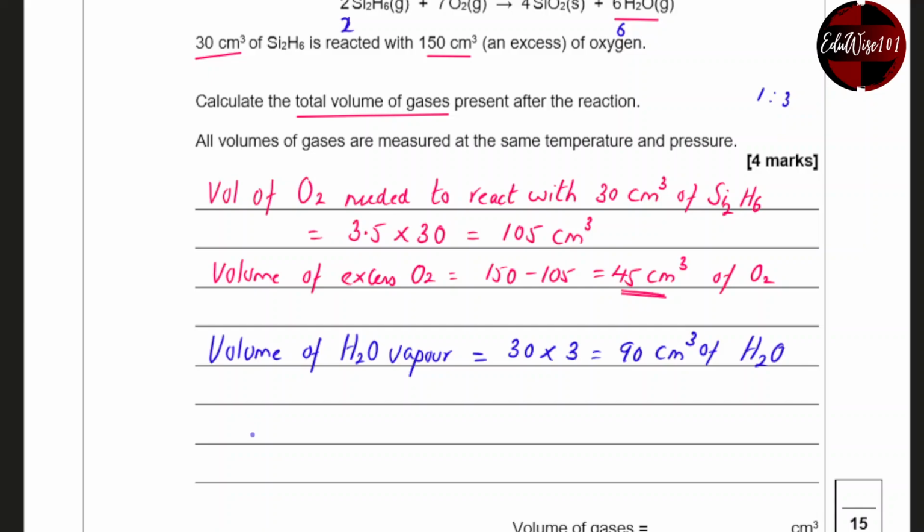So the total volume is 45 plus the 90, which will give me 135 centimeter cube. So the answer is 135.